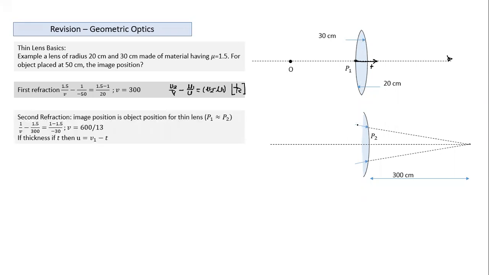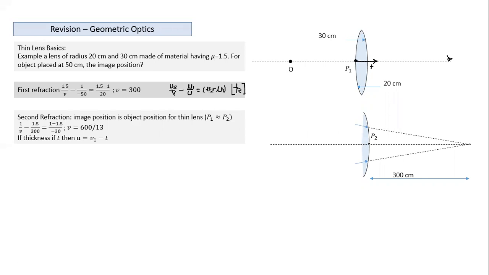Now the ray after first refraction becomes the incident ray for the second refraction. So what was the image after first refraction becomes the object for the second refraction. The image position becomes the object position for the thin lens. For application of the first formula, this was the origin, this was the pole.